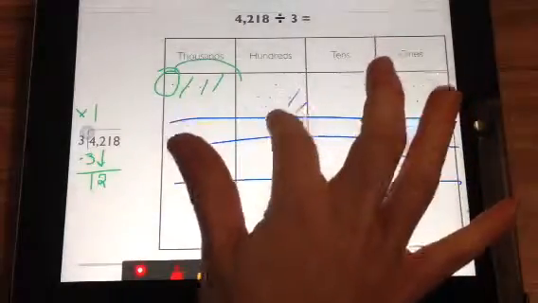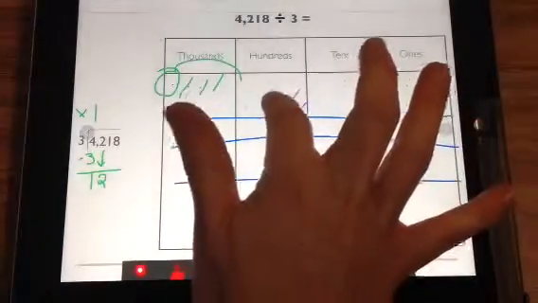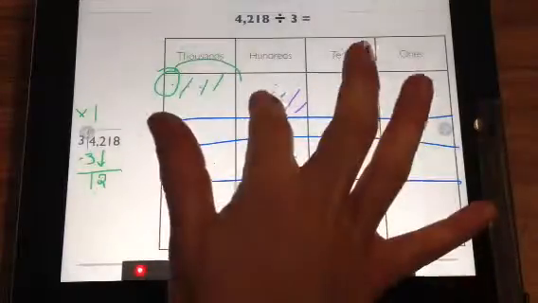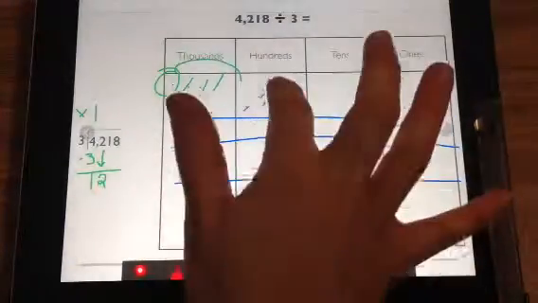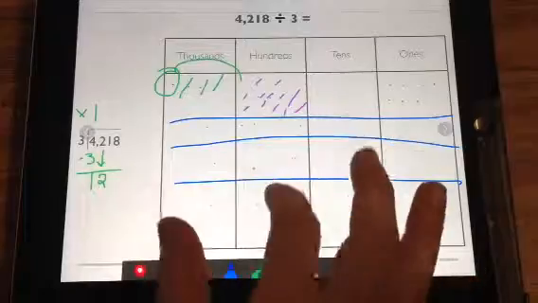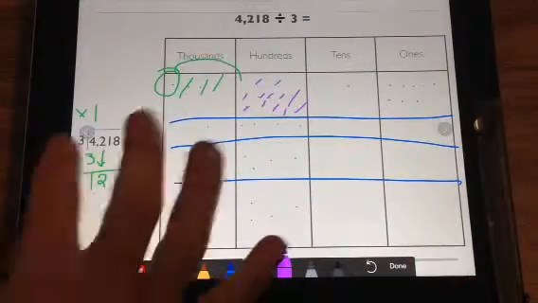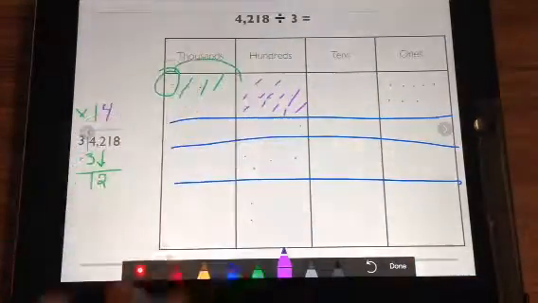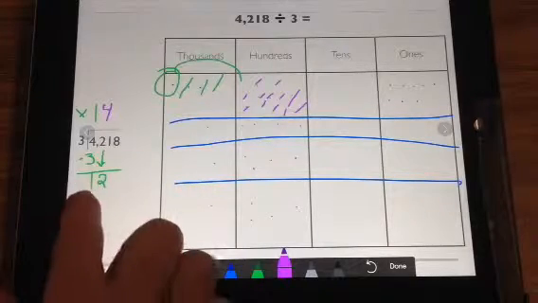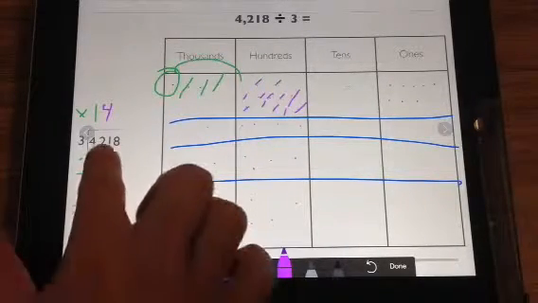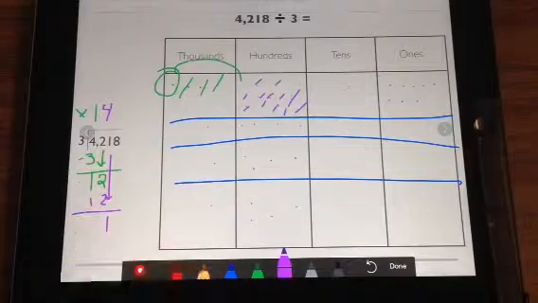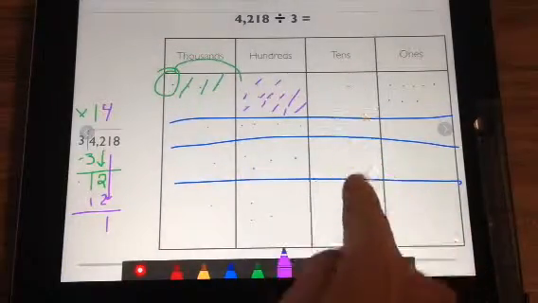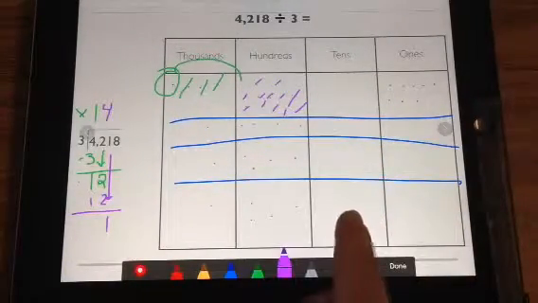I'm going to pass them out in groups of 3 because there are so many there. And I found that there are 4 in each group. 4 times 3 is 12. Bring down my 1 ten. Now I only have 1 ten. It cannot be shared equally, can it?